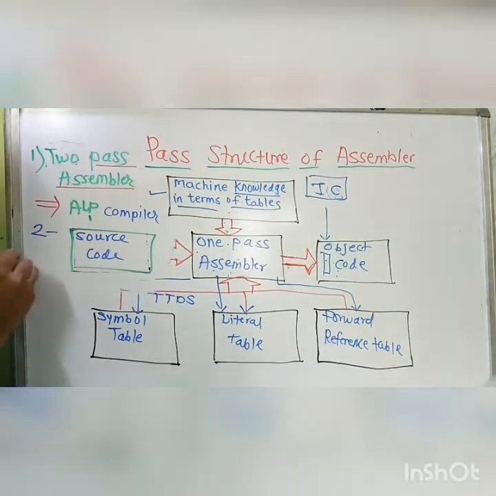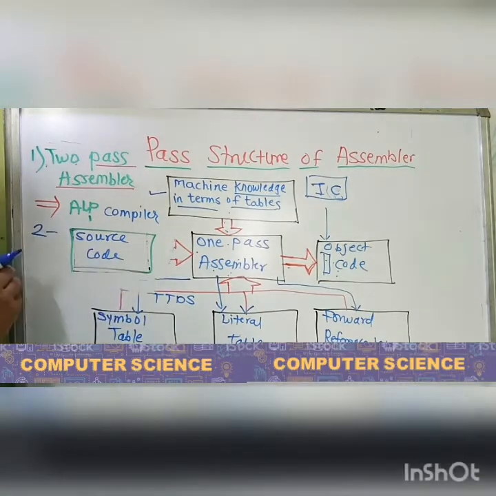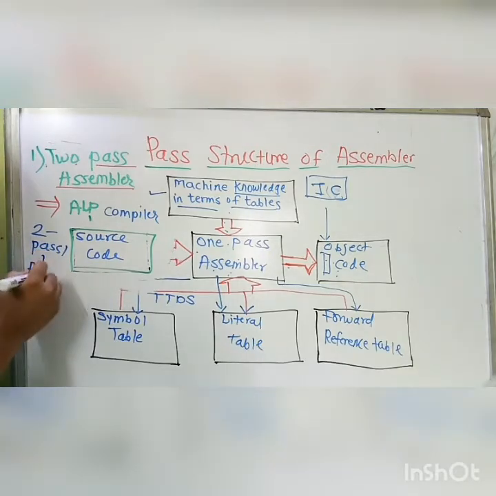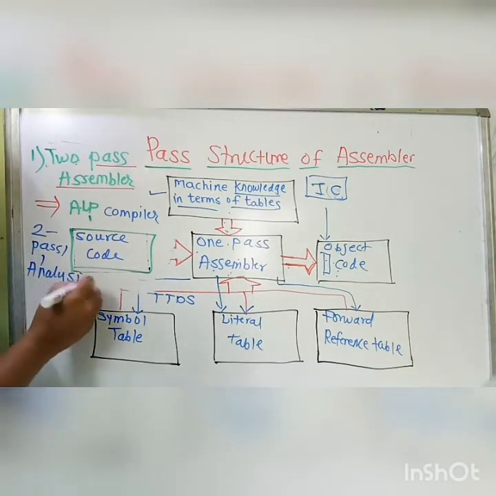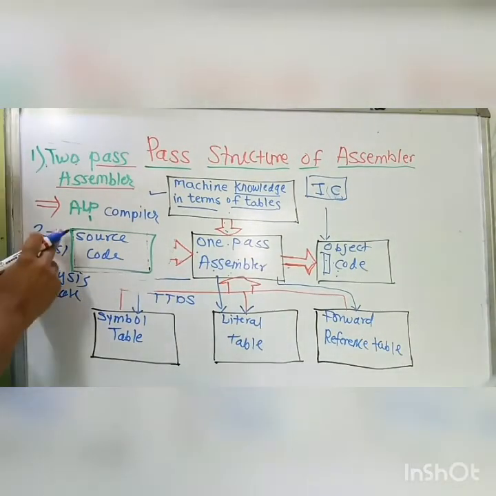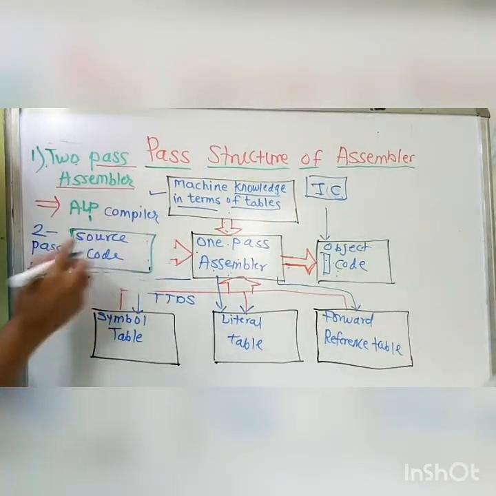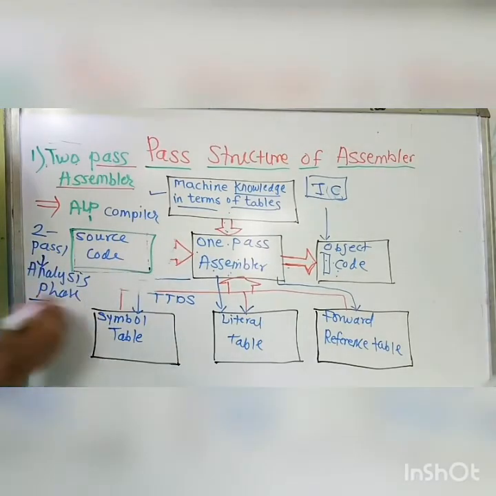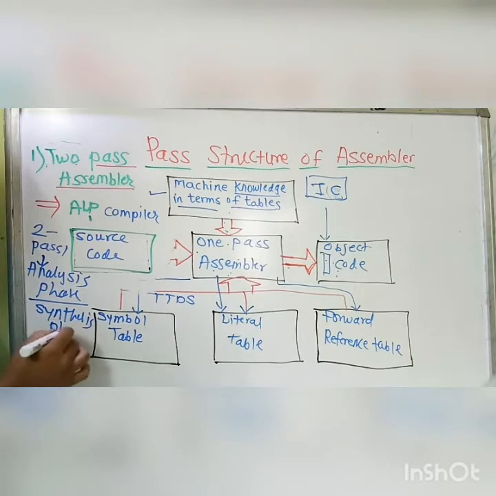When it first goes through this source code, it is known as pass 1 or the analysis phase, and the second pass is nothing but the synthesis phase. So the two-way analysis of the source code is first the analysis phase and second the synthesis phase.